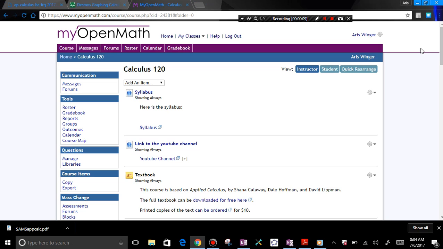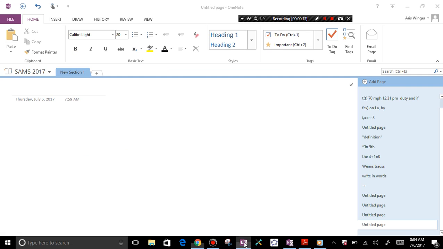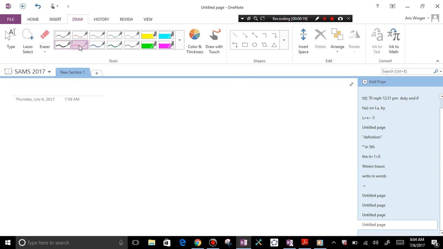We had left off talking about the limit, and so we had said that the limit as x goes to a of f of x is equal to L if... So this is not the official definition. This is how we write it in words.